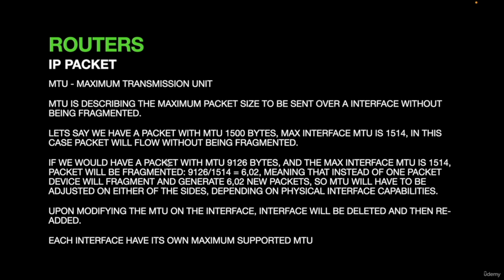But if we have a packet of 9126 bytes, and the interface MTU is 1514 bytes, the packet will be fragmented: 9126 divided by 1514 gives a value of 6.02. So this means that instead of one packet, the device will fragment and generate 6 new packets. The MTU will have to be adjusted on either of the sides depending on physical interface capabilities.